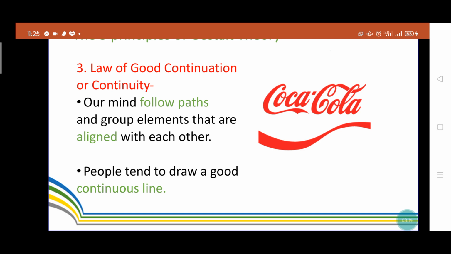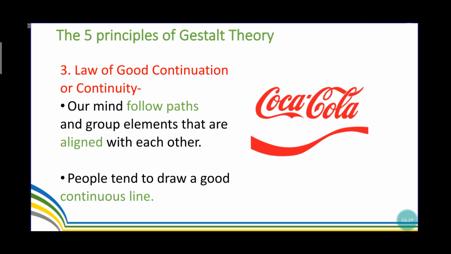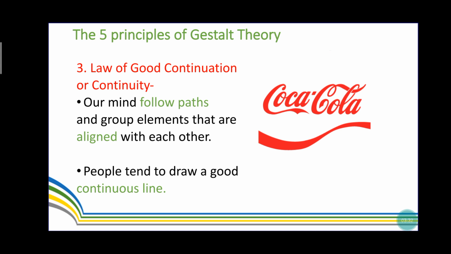Always remember, in the law of good continuation or continuity, our mind follows paths. Just like in the example, the Coca-Cola. The edge of the letter C is going towards the beginning of the letter C in Cola. So we don't read it as Coca only, but we tend to finish what is written there, which is Coca-Cola.